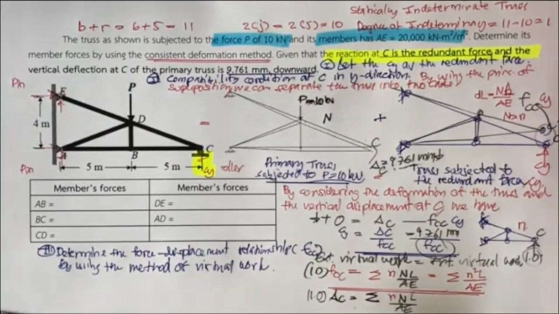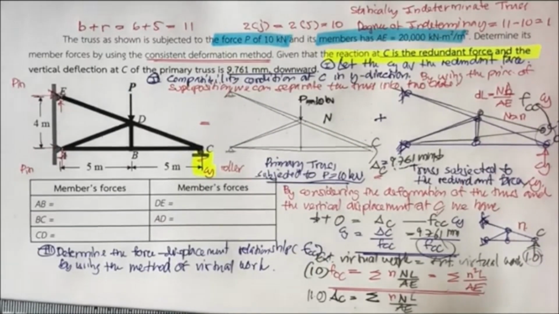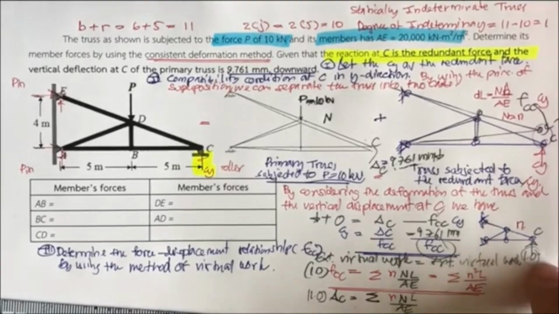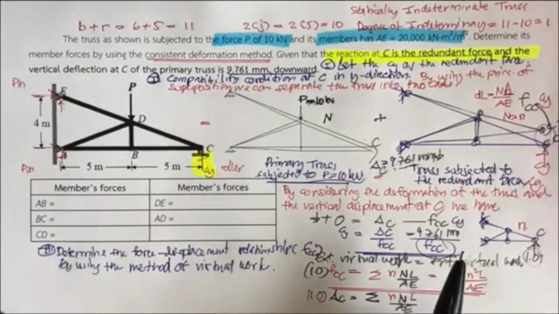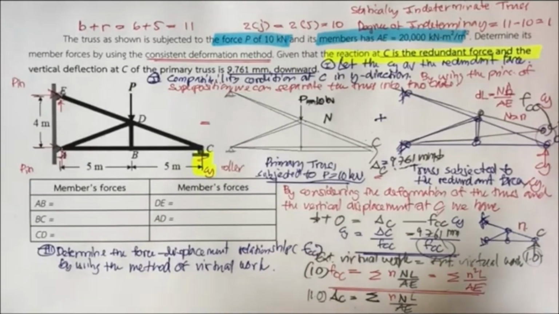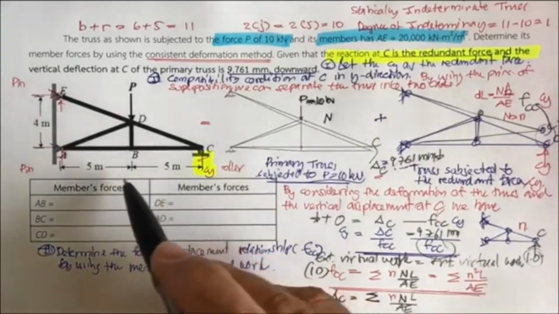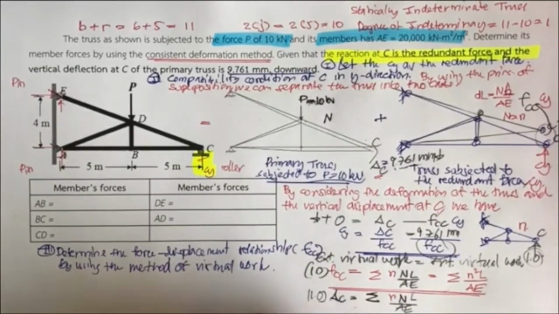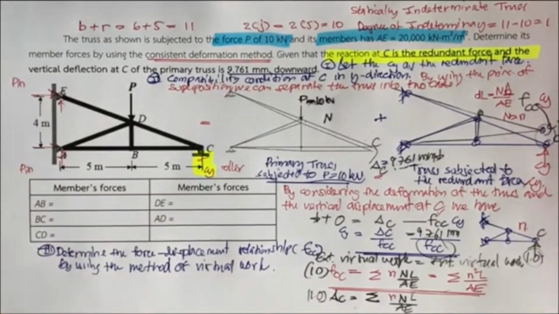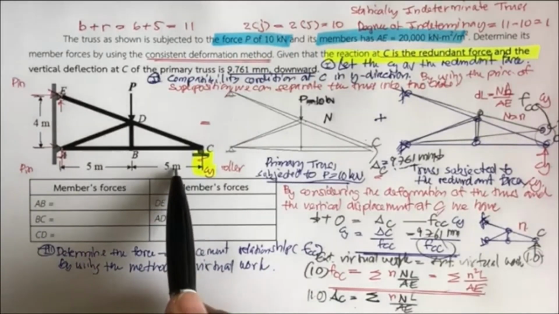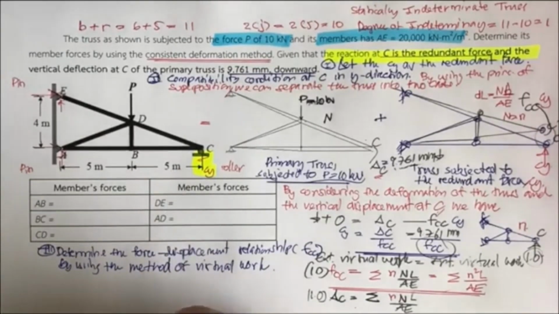Okay, anyway, we got to find n, so we set up the truss here and we are looking for the n. Okay, we have 5 meter for 2.5 centimeter.